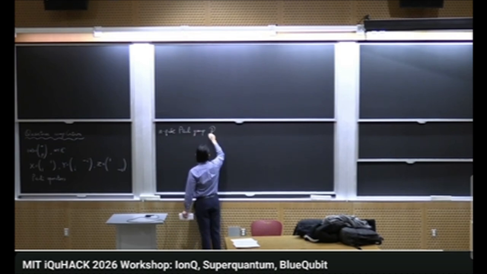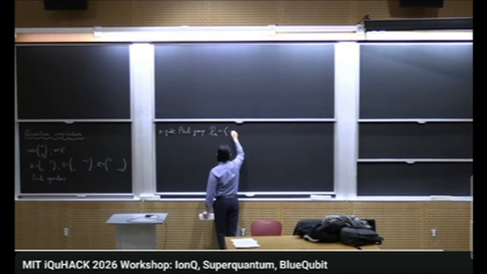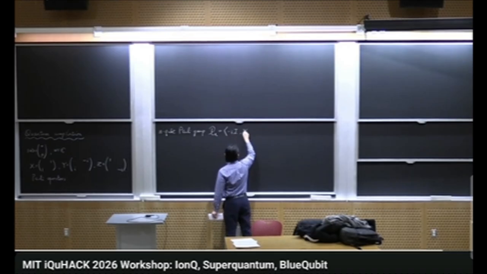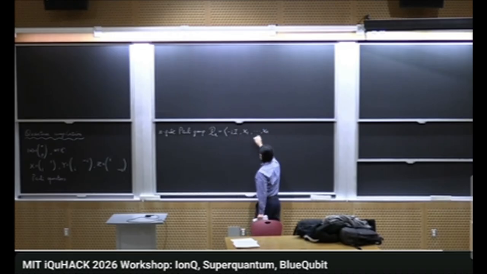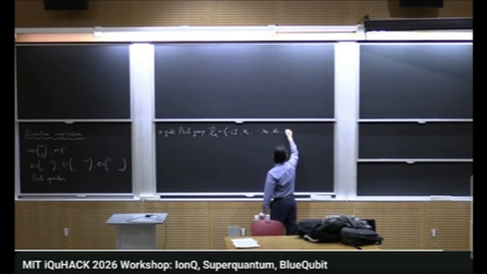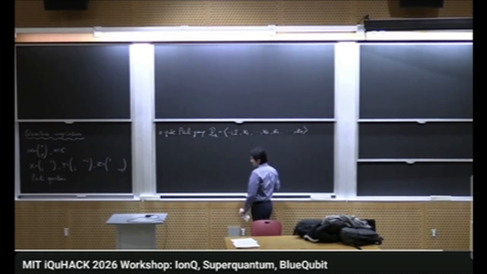So we can write that as P_n, which is a group generated by X applied to qubit 1 through qubit n, and also the Z operator applied to qubit 1 through qubit n.